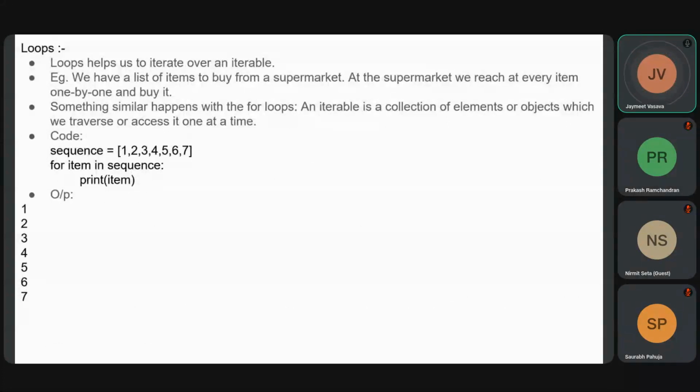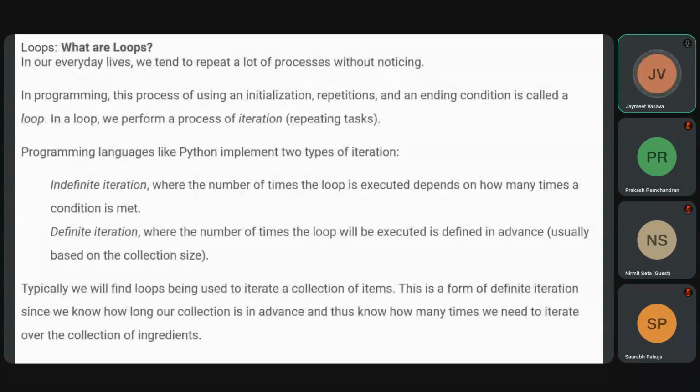Like in this one, we perform one item after another after printing the previous one. First we started with 1, then we printed 2 because we already printed 1, and so on till the end of the list. Programming languages like Python implement two types of iteration.